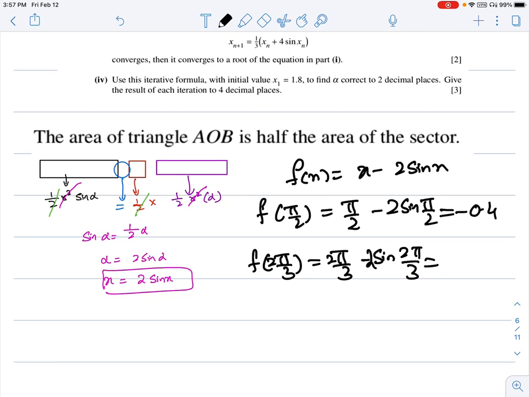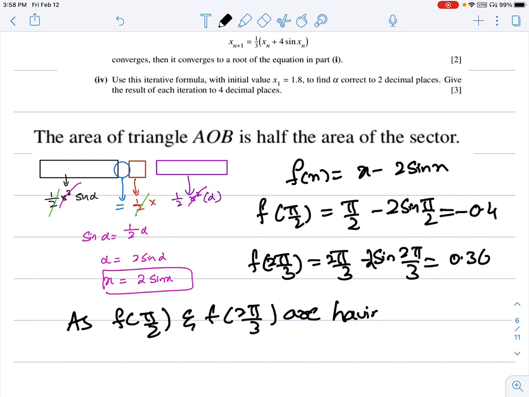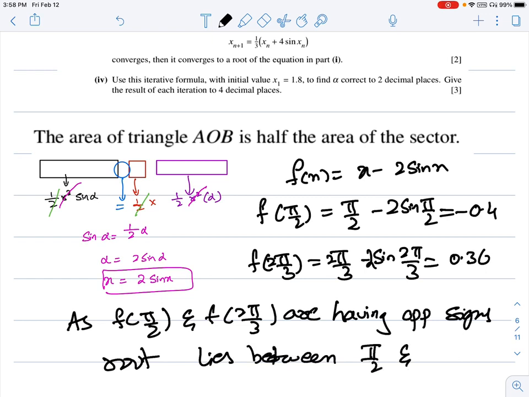Next, 2 pi by 3 minus 2 sine 2 pi by 3, so I get positive 0.36. So as f of pi by 2 and f of 2 pi by 3 have opposite signs, the root lies between pi by 2 and 2 pi by 3.